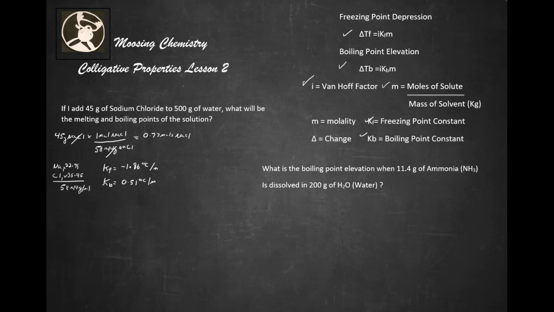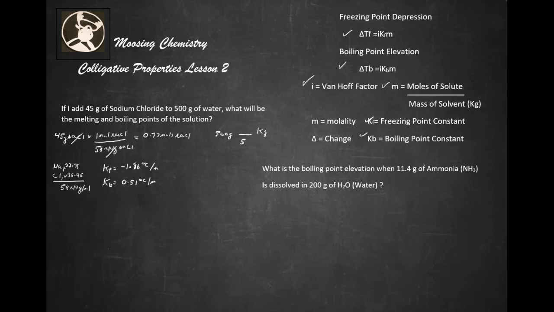All right, so let's go ahead and figure out our delta TF and our delta TB. We have our moles of sodium chloride, but we also have to remember to change 500 grams of water into kilograms of water, right?